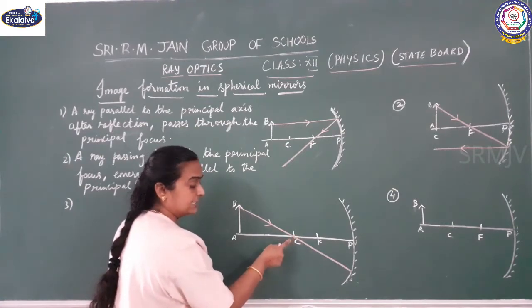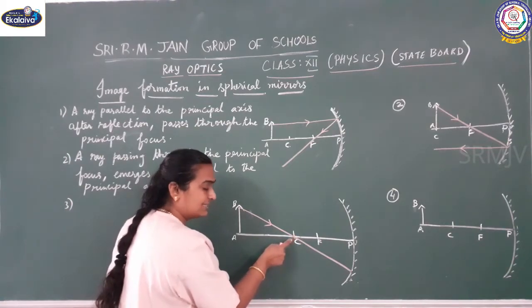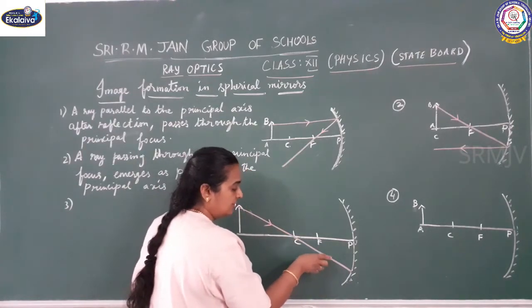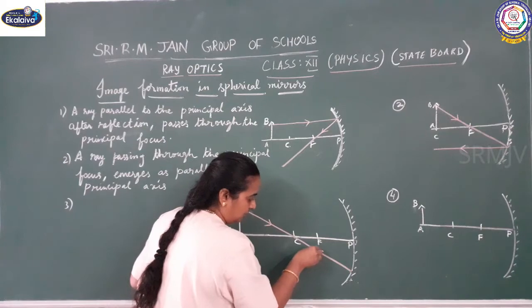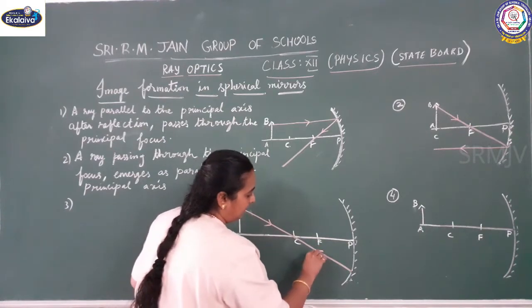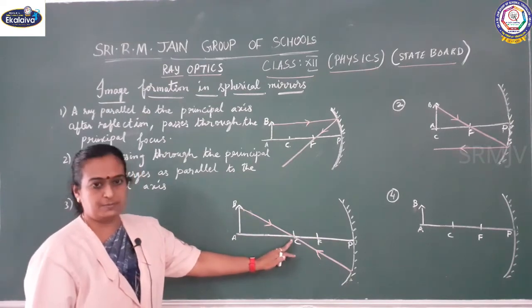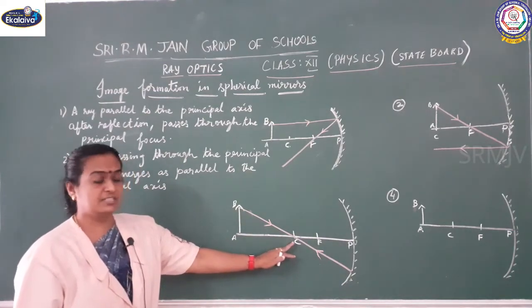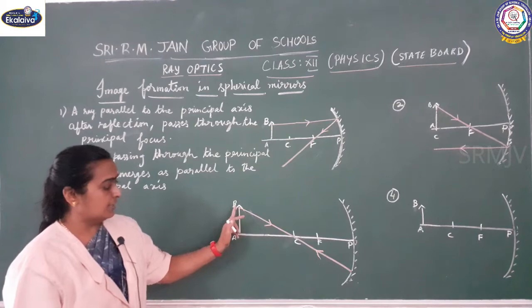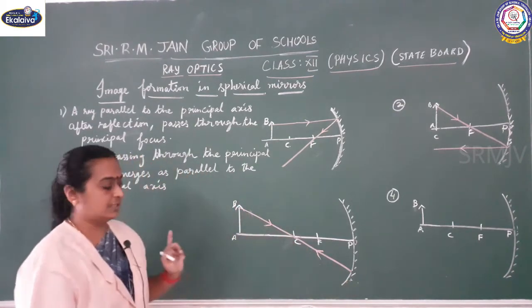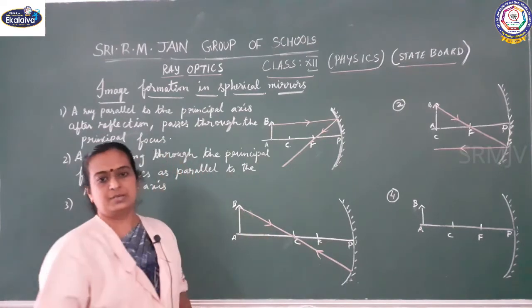When light is made to pass through the center of curvature, after reflection the ray retraces its path. Because this is the normal, it is considered to be normal incidence. So the ray after reflection retraces, it comes back in the same direction.